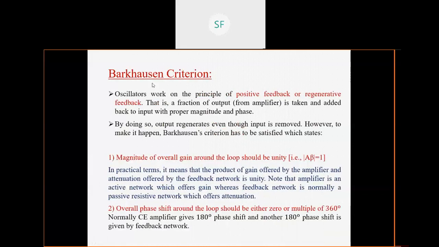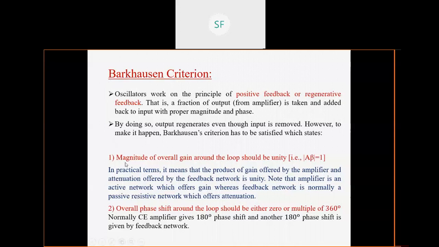And then we have discussed the Barkhausen criteria, which is very important if your circuit needs to satisfy the Barkhausen criteria in order to behave as an oscillator, or in order to produce the oscillations at the output. Okay. So in Barkhausen criteria, there are two conditions.